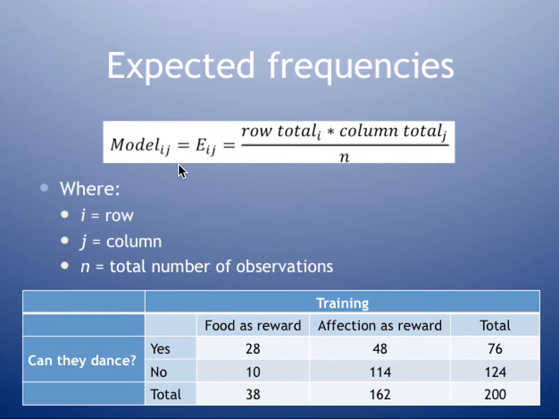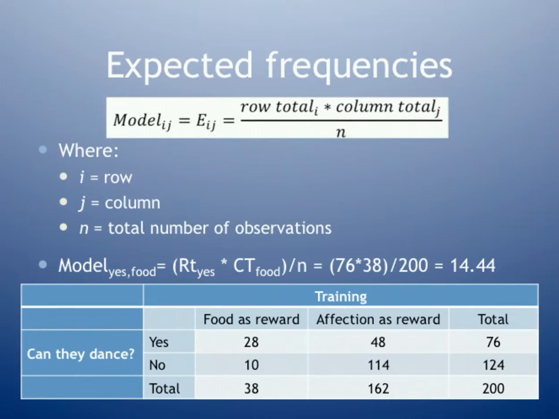So in this case, for the first one, let's say the model, we are looking for the expected for, well, i is our row, so our row could be yes, and j could be our columns, so it could be food, so it would be the expected for yes and food. That would just be the row total for yes times the column total for food divided by n, our total number, which is down here, 200.